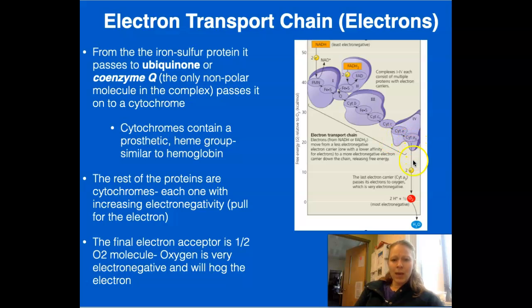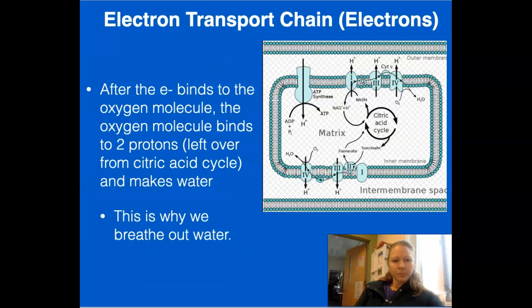And so here, remember that our last electron acceptor is oxygen. I think that you have the basic idea of electrons now. Let's follow this: the NADH is going to donate the electron.